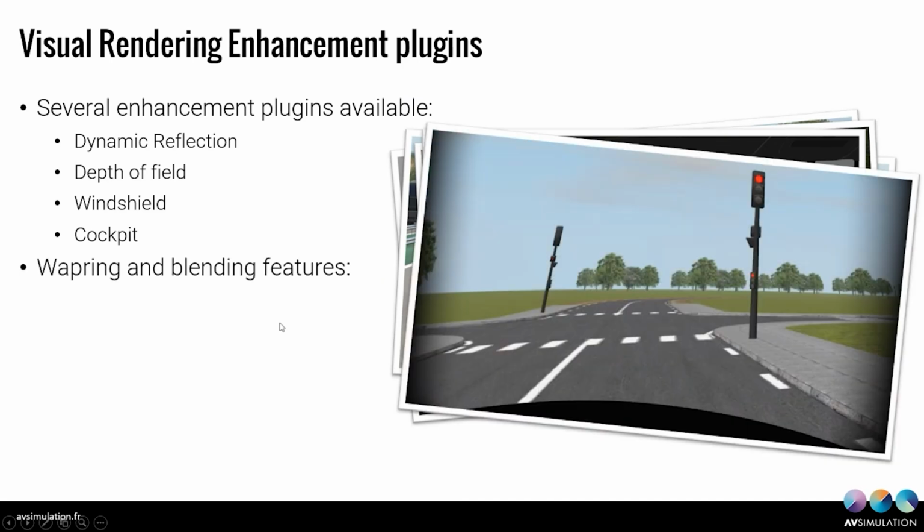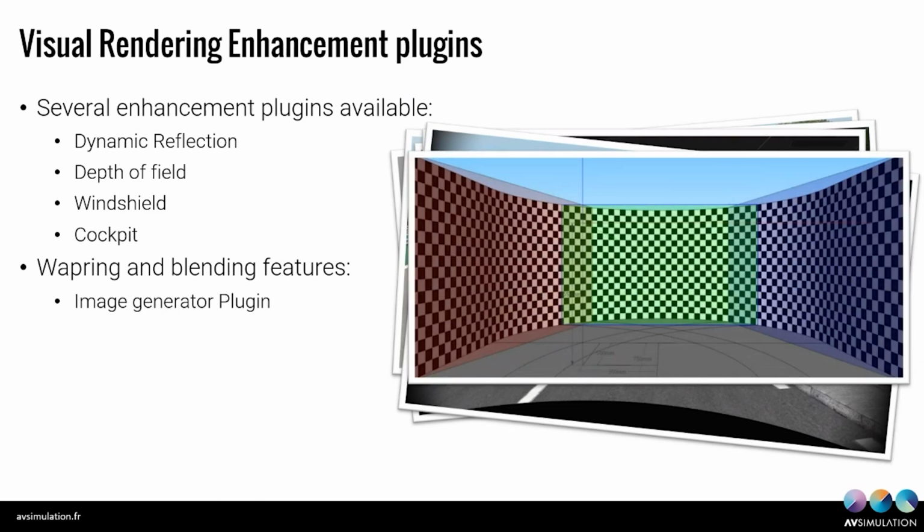We also have warping and blending features in the visual rendering process. These features are mostly for different shapes of screens on which we want to display the actual 3D rendering. It can either be done from a plugin on the image generator that we use, or it can be done on the projector side or by third-party software.